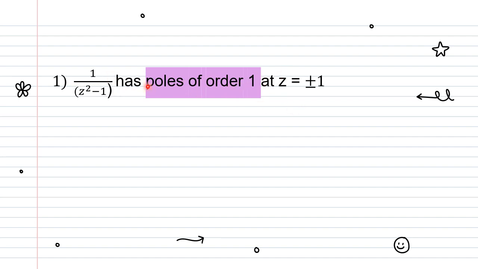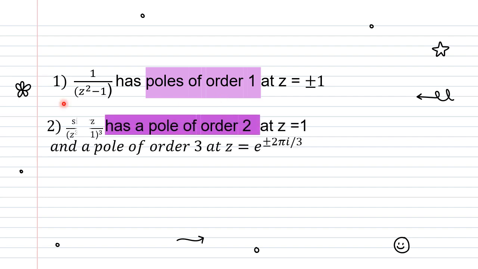So right now we're going to see poles with these examples, just so you can see the difference between one and the other. We also have this function that is the sin of pi z divided by this expression. We said that it has a pole of order 2 at z equals 1 and a pole of order 3 at z equals e elevated to plus minus 2 pi i divided by 3.